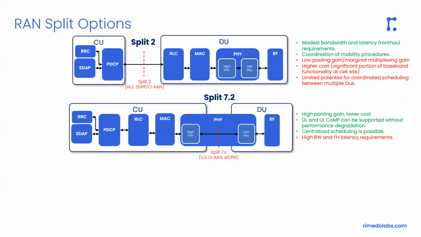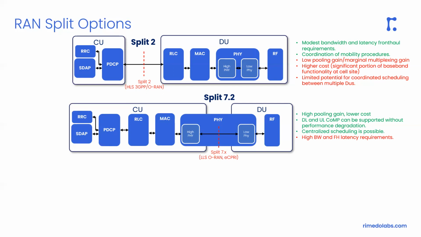So the IQ samples go from CUs to DUs in that particular split, where that is called the lower layer split. It has been adopted by the ORAN. It has not been defined within the 3GPP at that point in time. And that is mostly related to the eCPRI interface for the front haul.